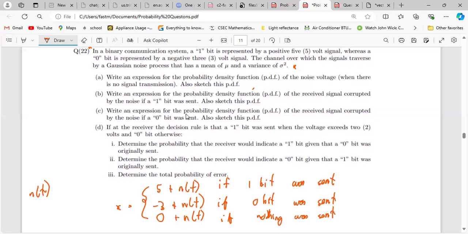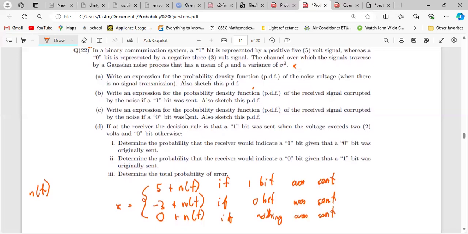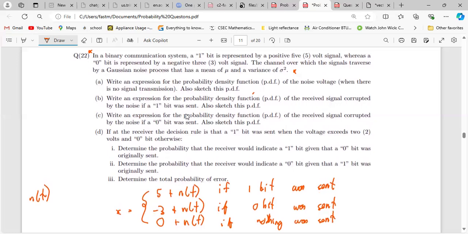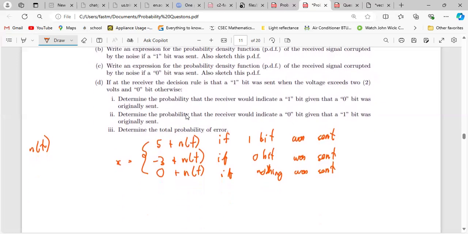So that is the groundwork right here. We could write a nice equation for everything. R at T is the received signal, and it is equal to S at T, which is the sent signal, which is either the 5, the minus 3, or, well, 0, I guess, plus N at T, which is your noise.